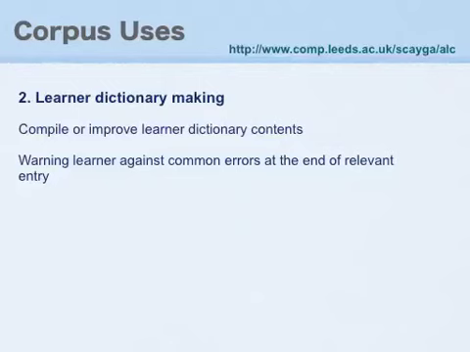The second use is learner dictionary making. The Arabic Learner Corpus can be used to compile or improve learner dictionary contents, particularly by identifying the most common errors learners make, and then provide dictionary users with warnings against these errors at the end of entries.